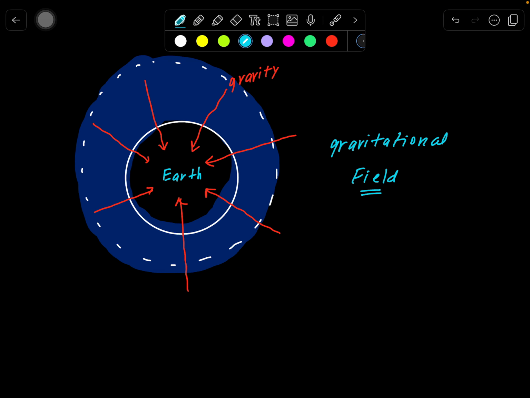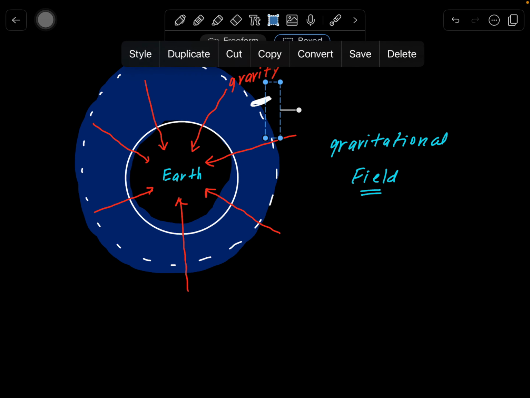For example, when you're playing football, you play in a field. You can't go outside the field. Likewise, the Earth is attracting other objects towards itself in a certain amount of field. It can't attract things outside of that field towards itself. Let's say there is a comet going past the Earth, and it happens to enter the gravitational field of the planet.